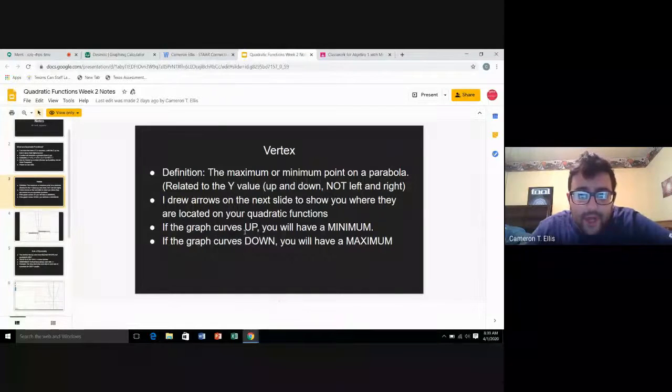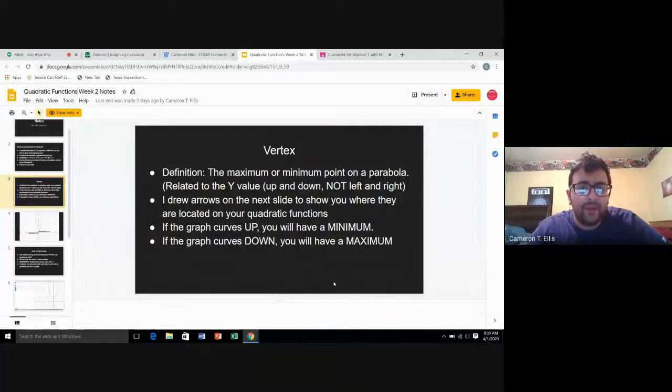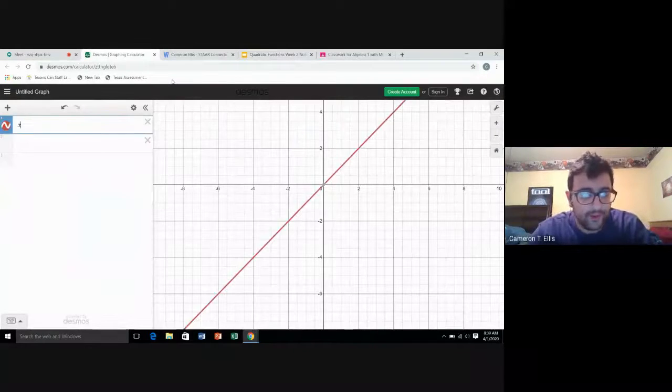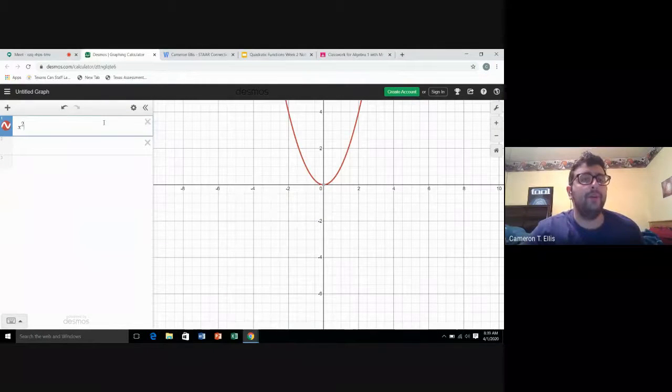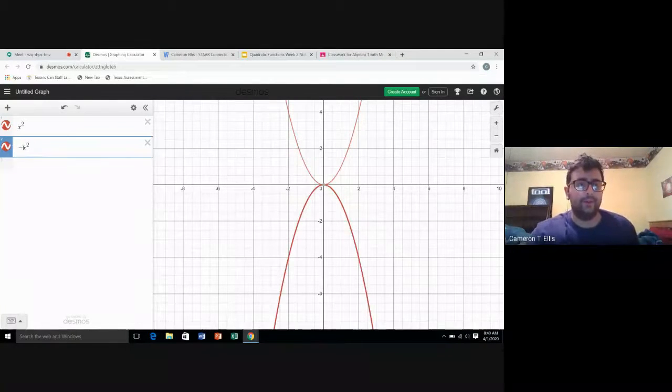If the graph curves up, you will have a minimum. If the graph curves down, you will have a maximum. But even more so than that, I want to give you guys a little reminder. The graph will curve up when you have a positive x squared. If you have a negative x squared, the graph's going to curve down. I'm just going to make that abundantly clear.